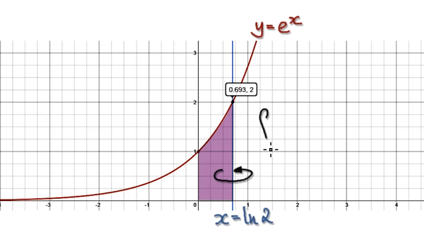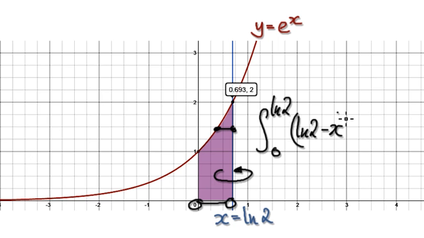So overall it will be the integral from 0 to the natural log of 2, and then you need the radius, which will be natural log of 2 take away x. Now that you've got the radius, you need to work out the circumference.